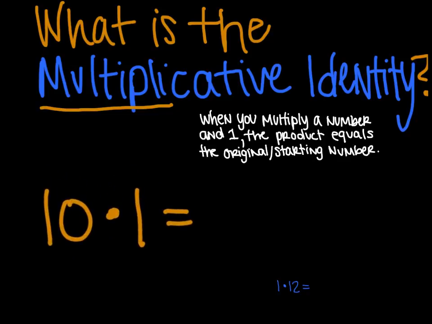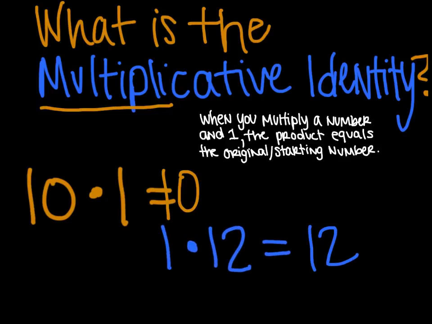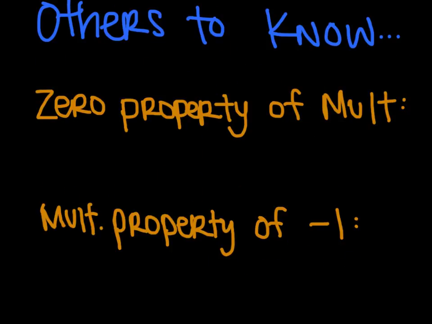So 10 times 1 is going to get you 10. Again, order doesn't matter, so I could flip-flop it around and say 1 times 12, which will give me still an answer of 12.